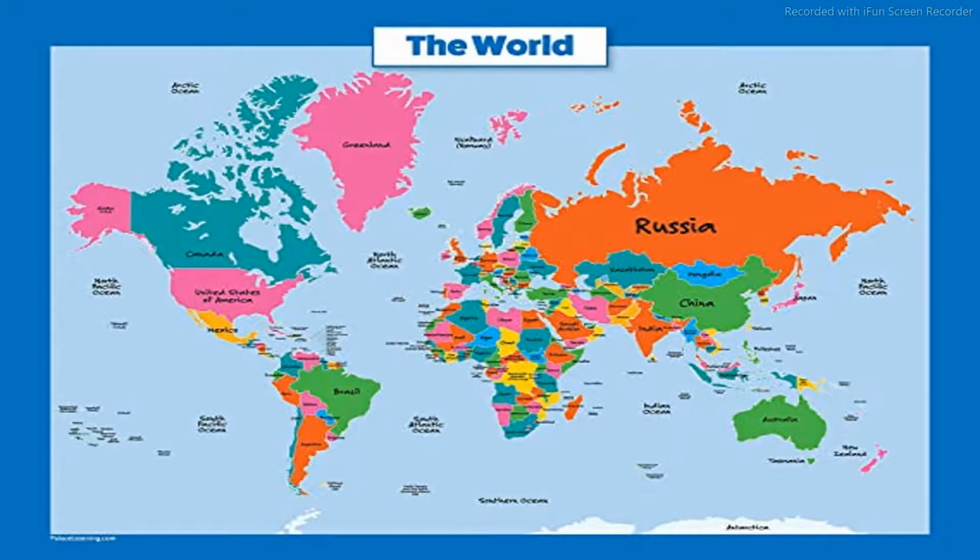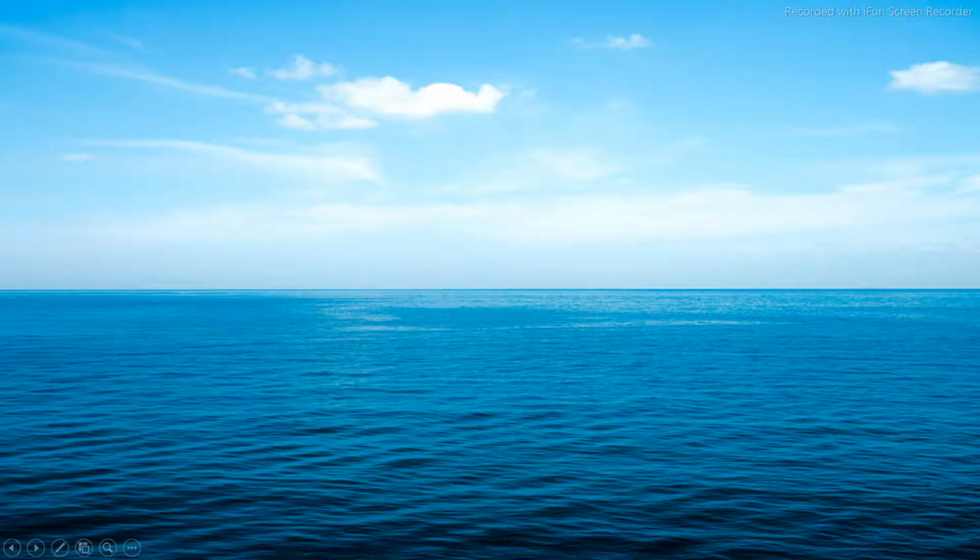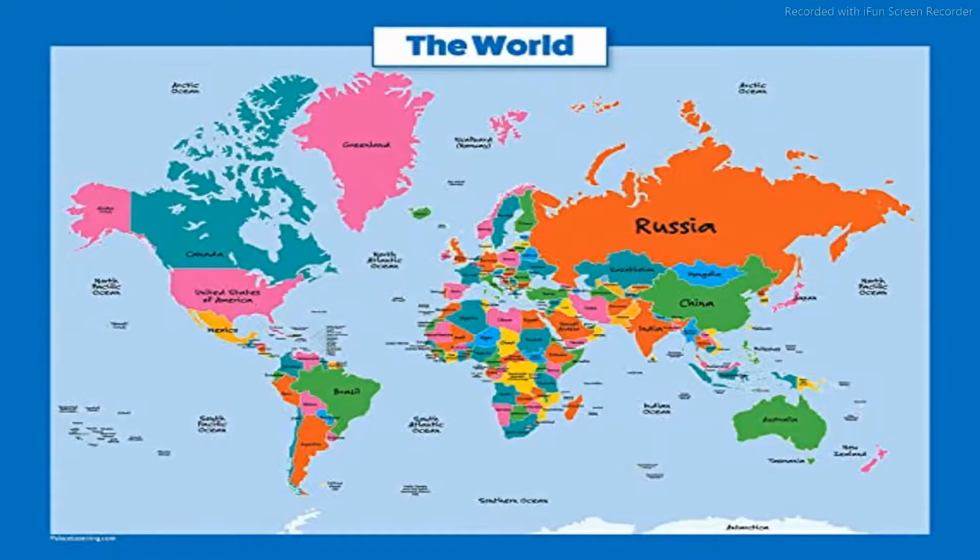Now let's get into the other one, that is the oceans. Look at the blue areas on the map here. These are large areas on the Earth's surface covered by water.